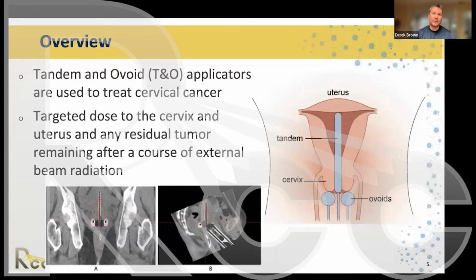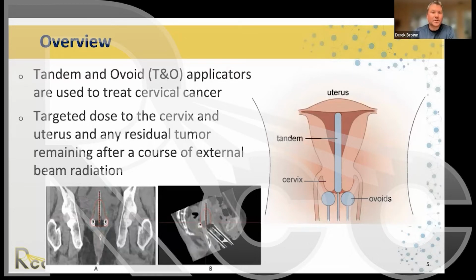And it's actually been shown that in order to have a curative treatment for cervical cancer, you need to add this boost. And people have thought about adding boost with newer techniques like SBRT, where we would sort of do a very targeted external beam dose.